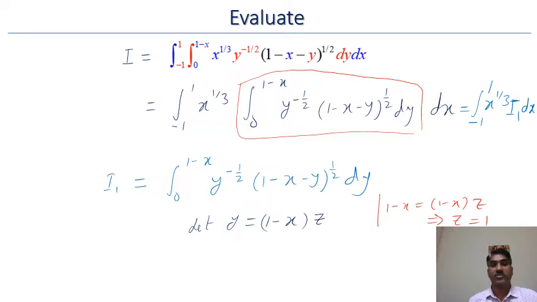If y is equal to (1 minus x) z, you can write dy as (1 minus x) dz. I have already told you, when you put y equal to 0, z will become 0, and when you put y equal to 1 minus x, z will become 1. So limits have become 0 to 1.